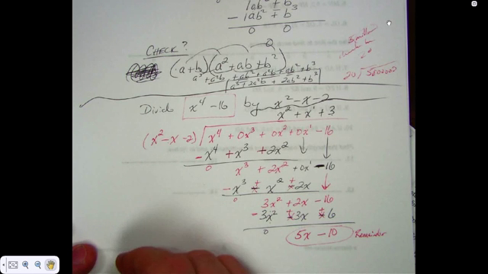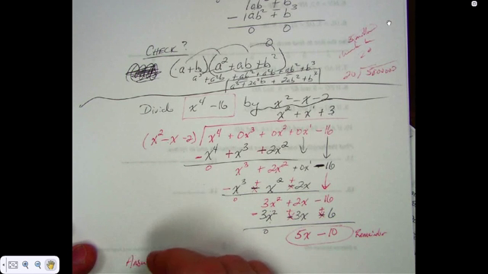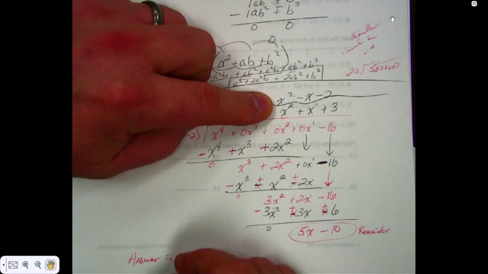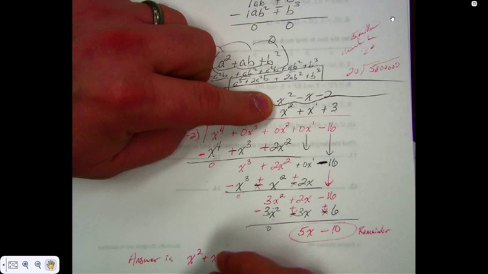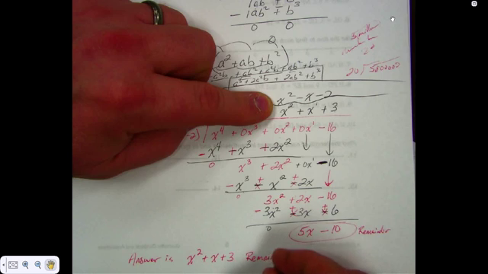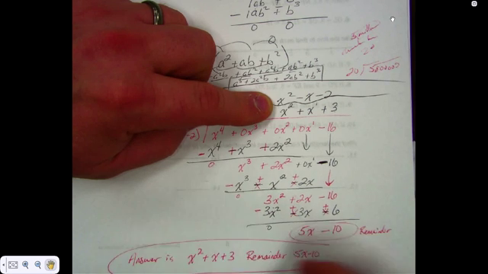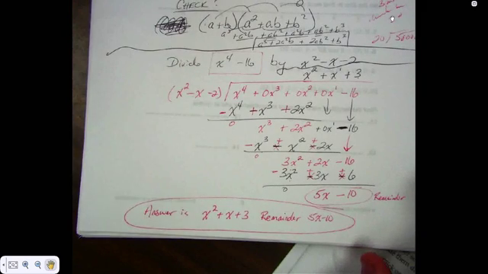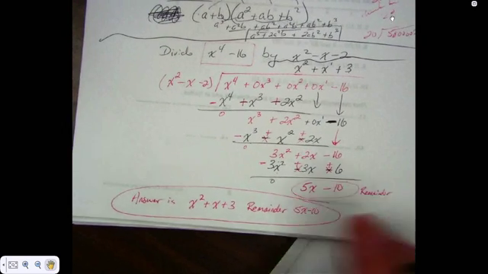So your answer is what? x squared plus x plus 3, and then you write the word remainder 5x minus 10. When it's all said and done, is that hard? Not really.